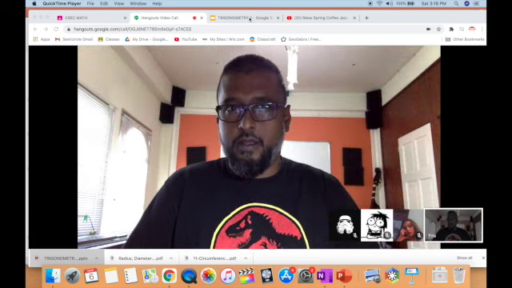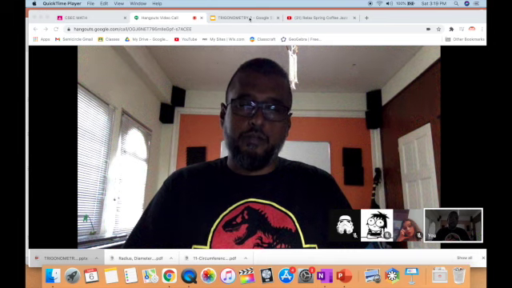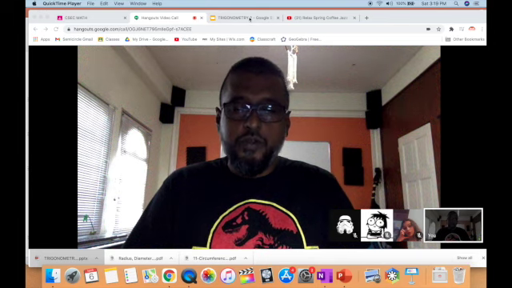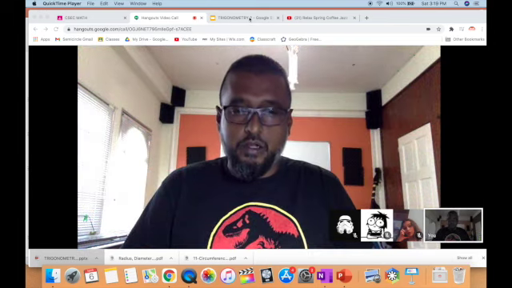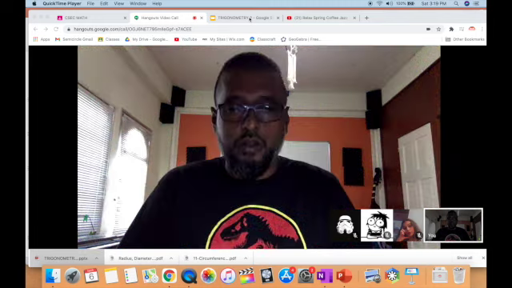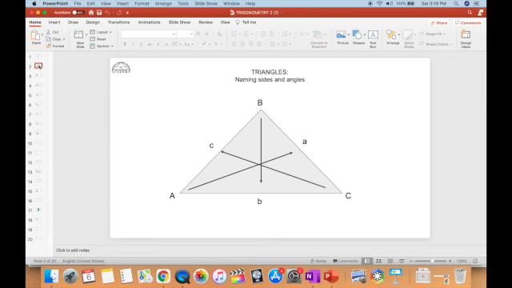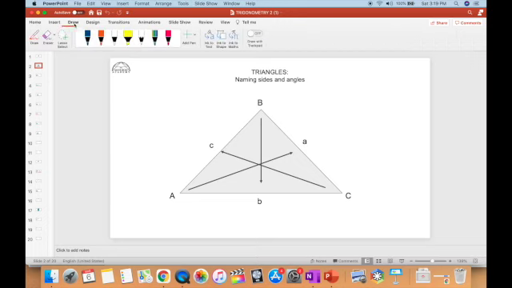But if you don't have a right-angled triangle, thankfully we have the sine and cosine rules. This is what we're going to look at today. With Trigonometry 1 we could only deal with right-angled triangles, but with Trigonometry 2 we can deal with any triangle using these formulas.